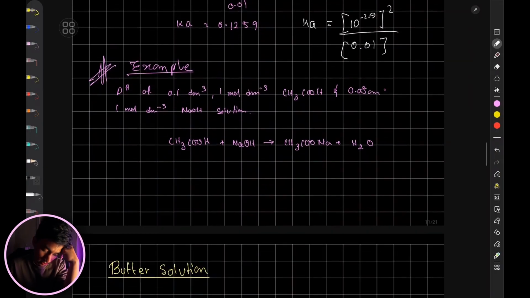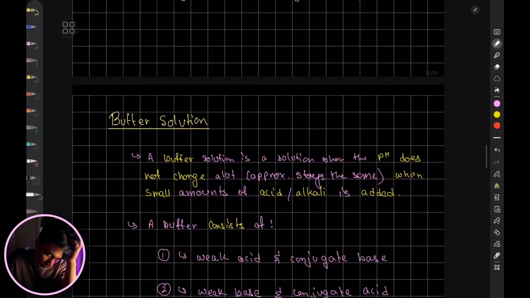Great. Next example: pH of 0.1 dm cube of 1 mole per dm cube of CH3COOH, and 0.05 cm cube, I believe, and 1 mole per dm cube of NaOH solution.